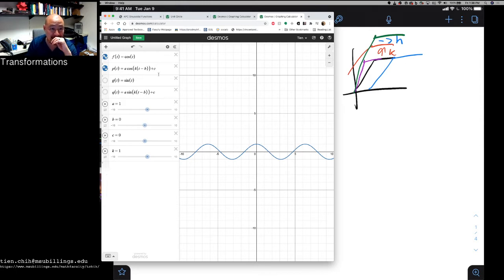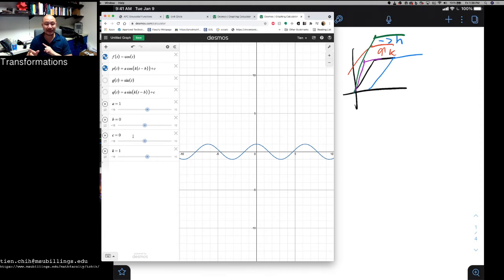So here I have a function cosine of t, and here I have a transformed version of cosine of t where I have a left-right shift of B, an up-down shift of C, an input shift of K, and an output shift of A. And so A and K are set to 1, B and C are set to 0 right now.